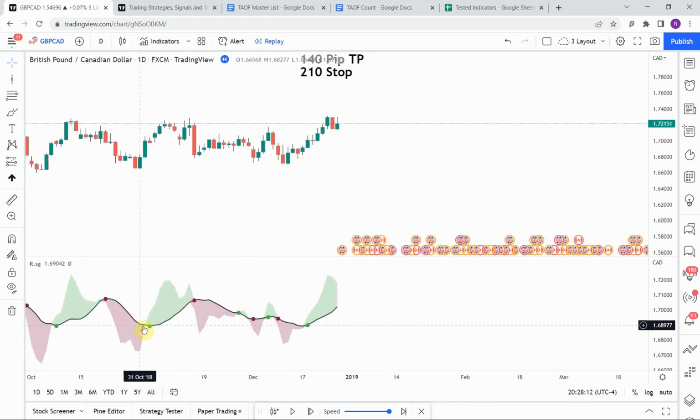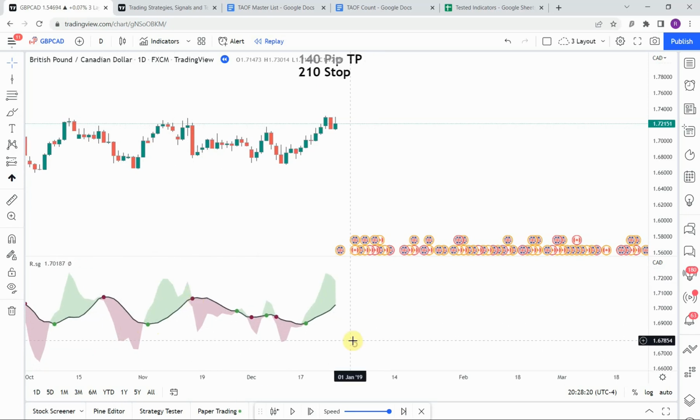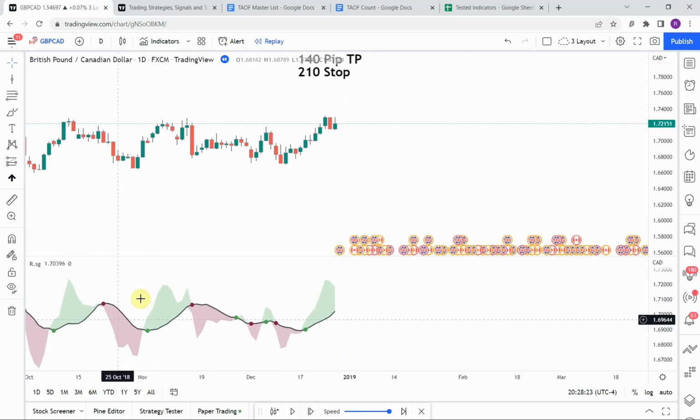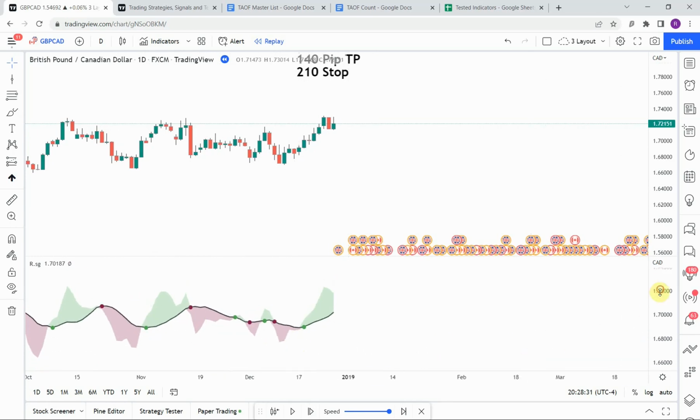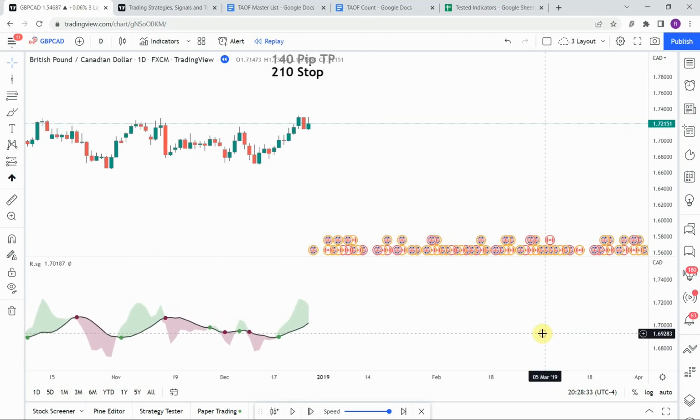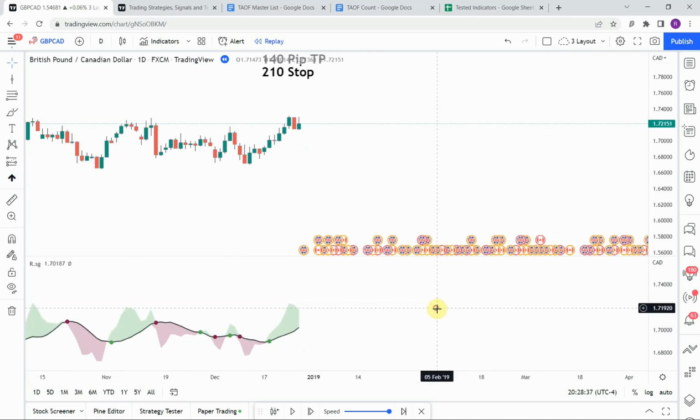So we have green dots, and we have kind of dark purple, maroon type color dots here. And so what we are looking for is when we get a green dot, we are going to go long. When we get the dark purple, maroon color dot, then we are going to go short. And so, like I said, pretty simple. Let's go ahead and get on with the testing and see what we can get out of it.